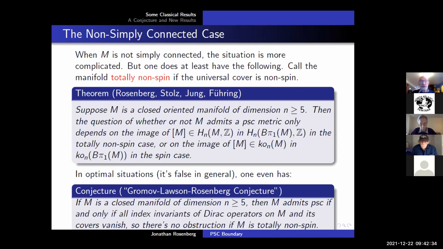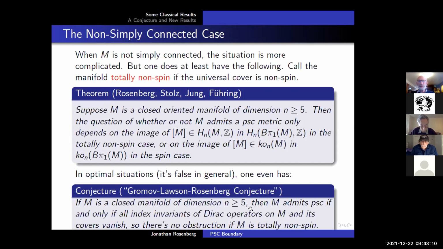Schick constructed some kinds of counterexamples. There were other counterexamples actually already known from the get-go from Gromov and Lawson, namely, if you take a torus and take a connected sum of a torus with a simply connected manifold that's not spin.